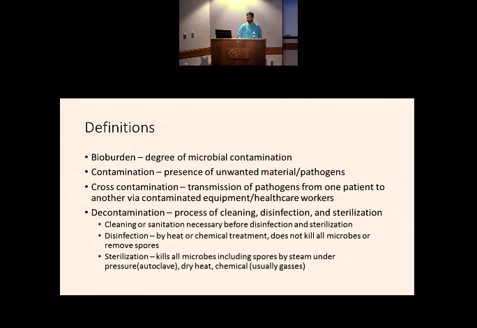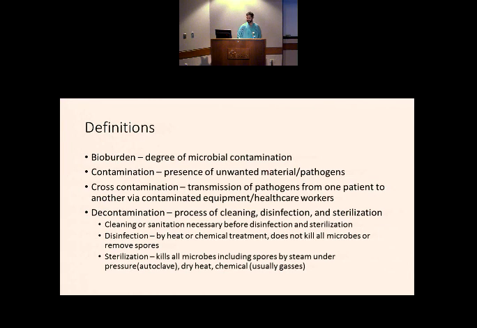Cleaning, or sanitation, is the step necessary before disinfection and sterilization. It's just rinsing off whatever material you can see on something. Disinfection is done by either using heat or chemical treatment.